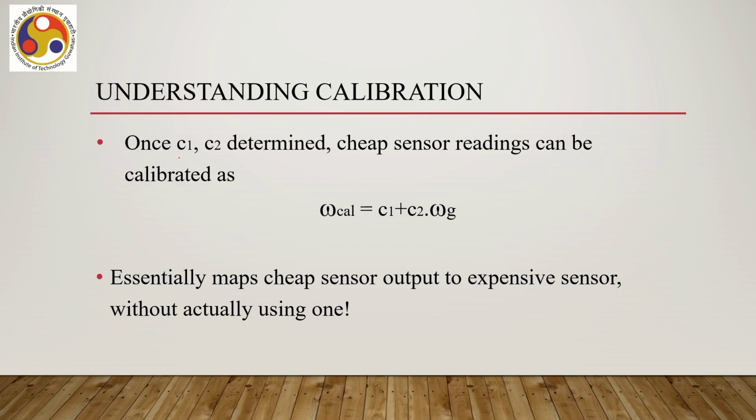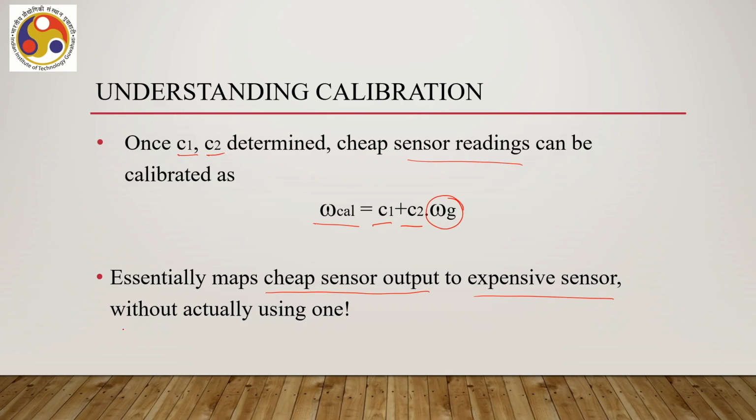Now, once we are able to determine C1 and C2, then we can transform the cheap sensor reading in the following way. Calibrated value omega cal can be C1 plus C2 omega G. So, this essentially maps the cheap sensor output to expensive sensor output, or in other words, to the closest match possible with the real value.